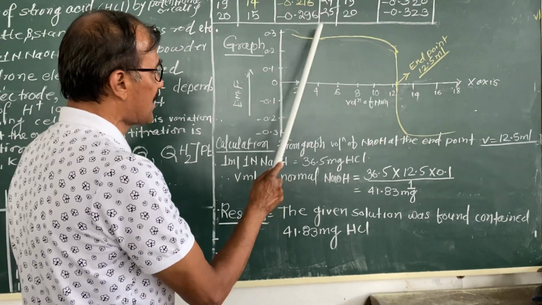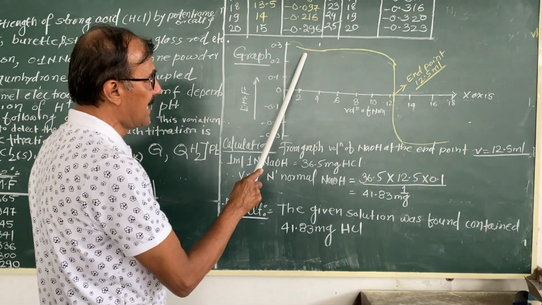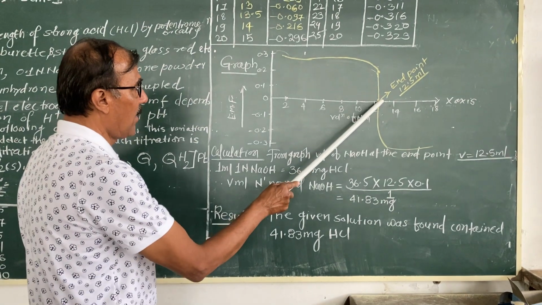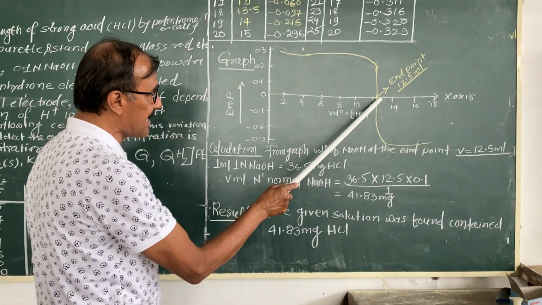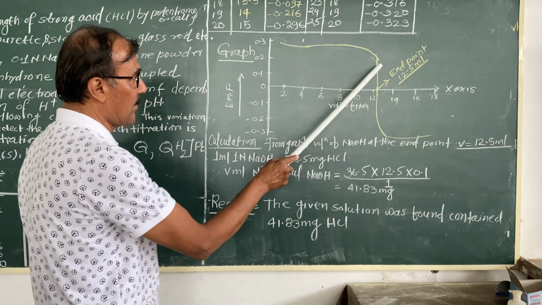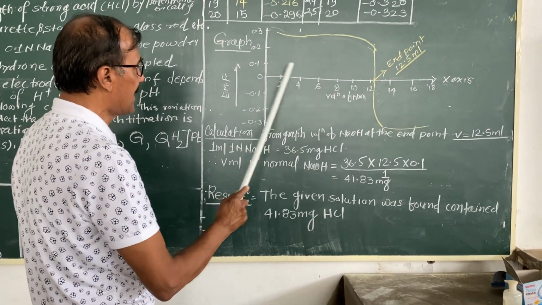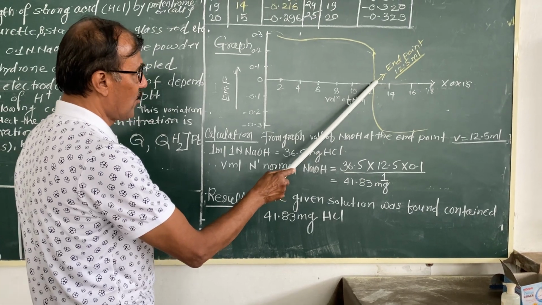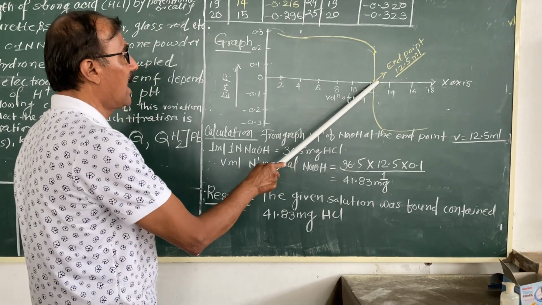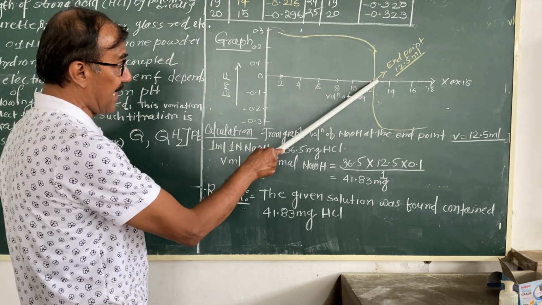Therefore, in the case of strong acid and strong base, you can easily get the end point. The graph intersects with the x-axis, so this is the end point of this titration.